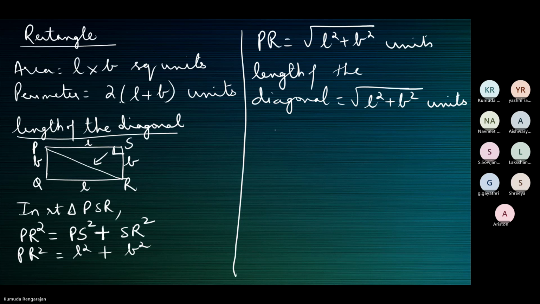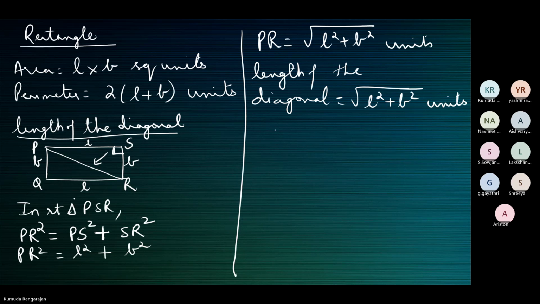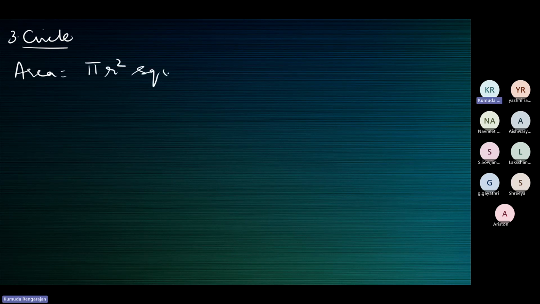So the next plane figure is a circle. The area of a circle is given by the formula pi r square, square units.